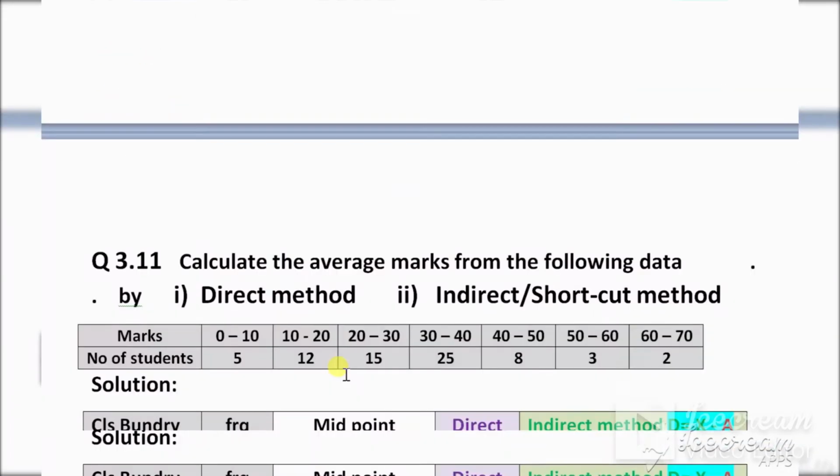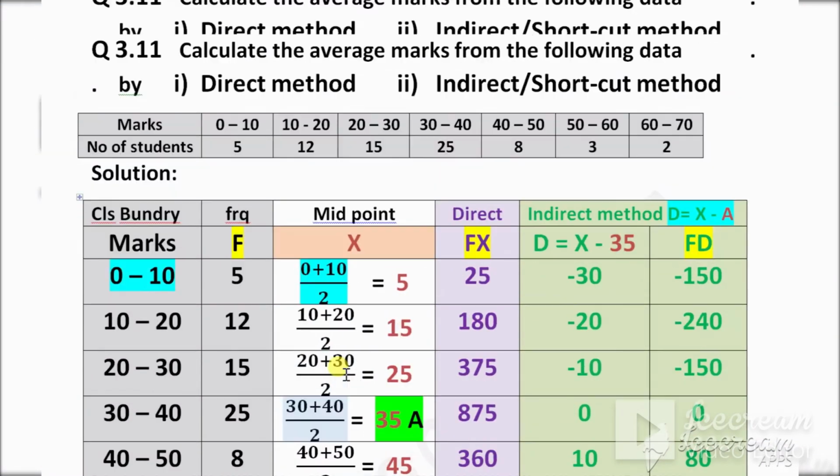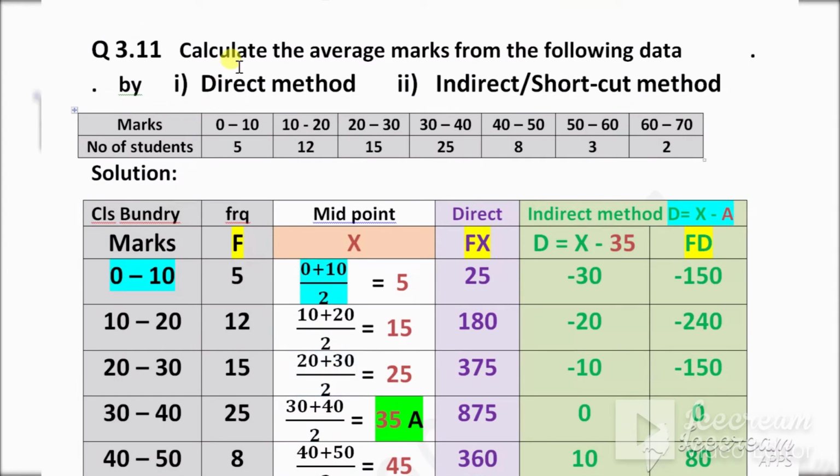The next question is to calculate the average marks for the following data by the direct method and shortcut method. The previous question was discrete grouped data. This is continuous grouped data. Here the class boundaries or class limits are given in the question.